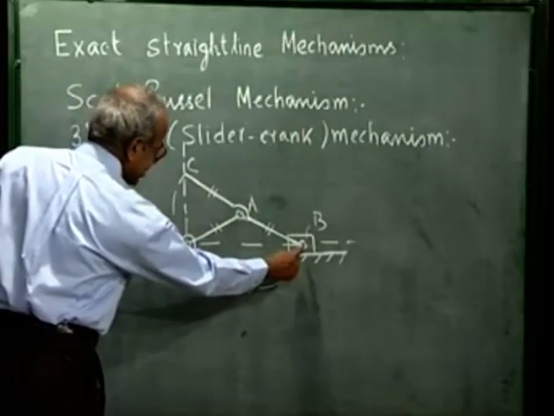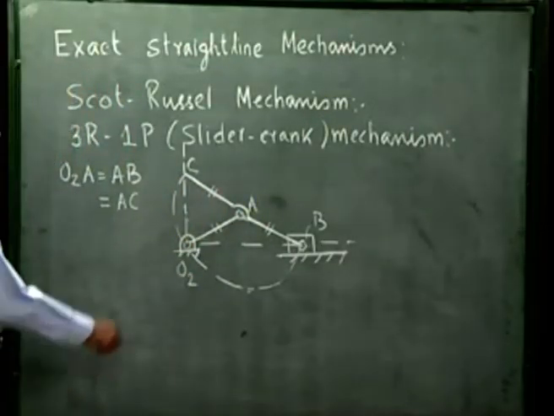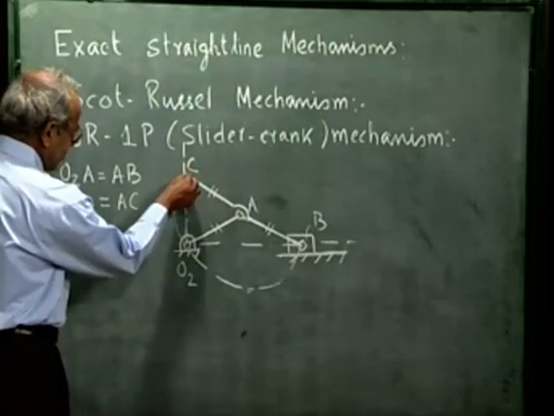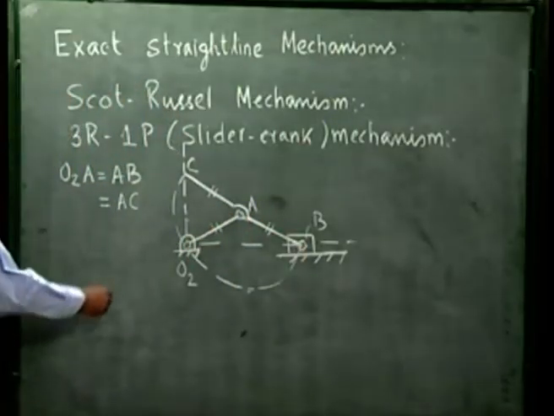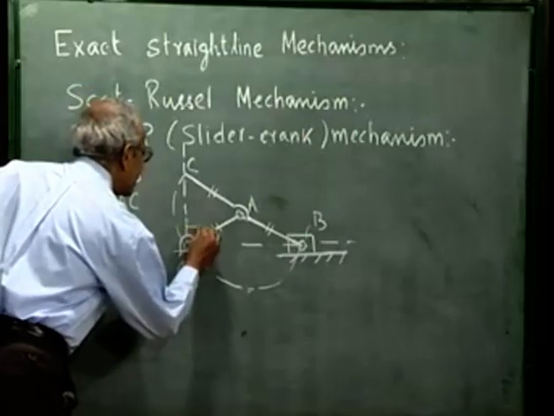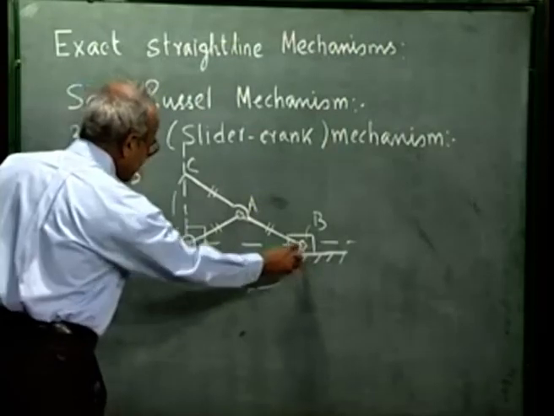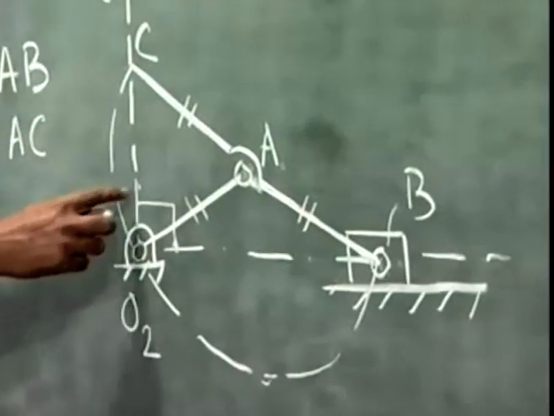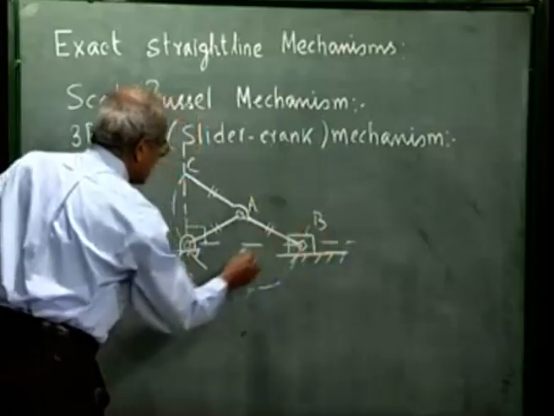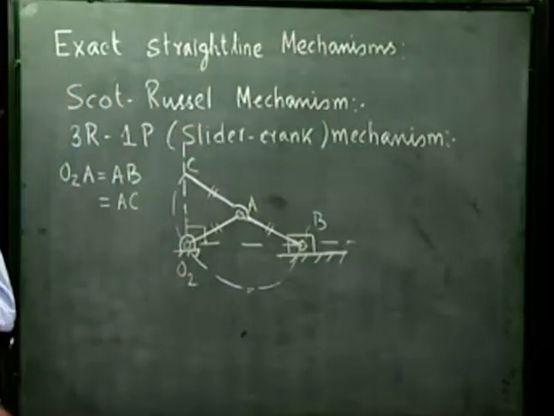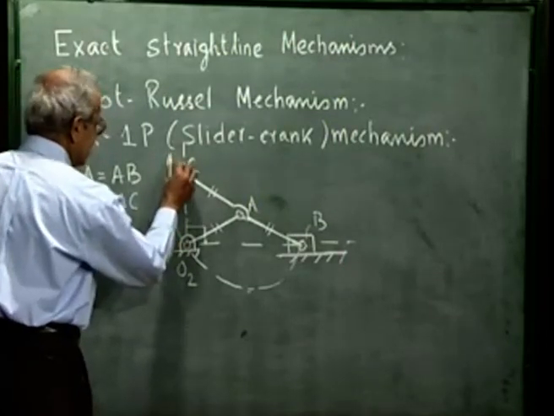That means these 3 points, namely B, O2 and C, will always be equidistant from the point A. So we can always draw a circle passing through these 3 points, namely C, O2 and B, whose center is at A. Now, as this is a semicircle, this angle will always be 90 degrees. The angle between the lines O2B and O2C is always 90 degrees, because this is the angle on a semicircle. Therefore, if the line O2B remains horizontal, the line O2C will always remain vertical. That is, the point C will move along this exact vertical straight line.